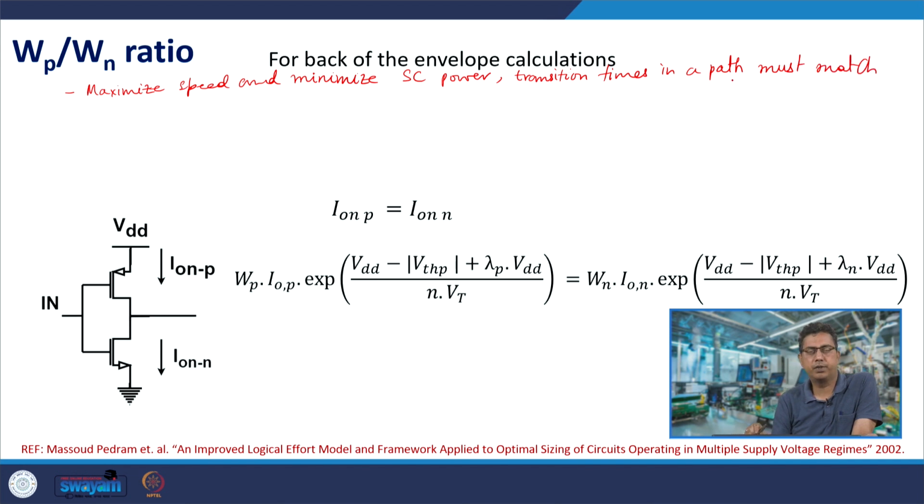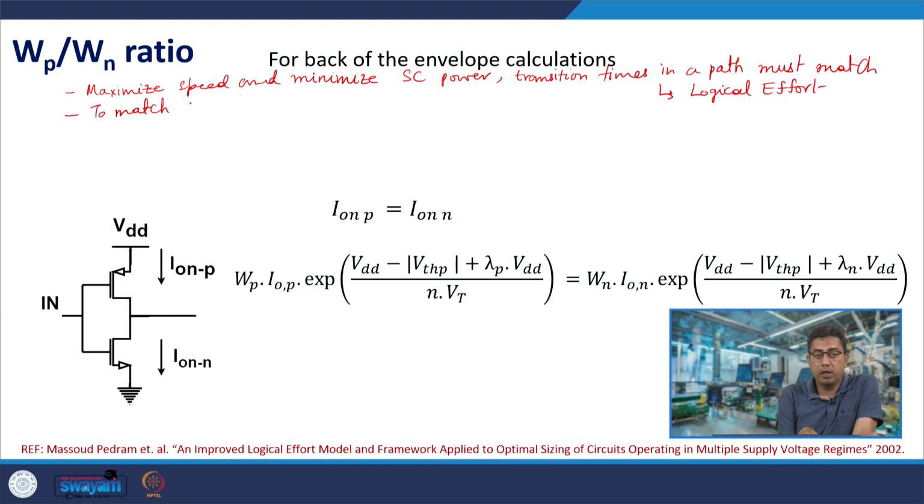This can be seen from several references, especially logical effort. So, for that, all the logic gates in standard cell library must be designed with a certain ratio of the P MOSFET and N MOSFET pull up and pull down transistors, so that the transition times are matched.